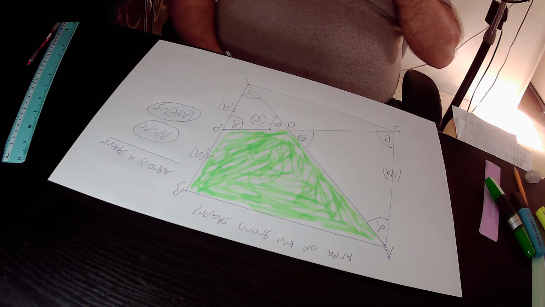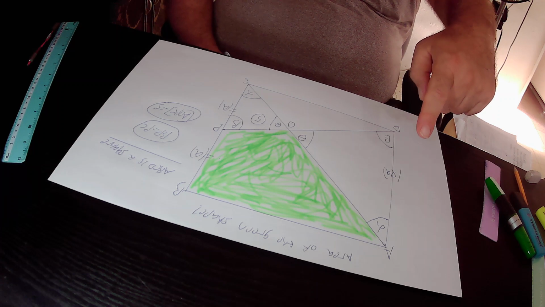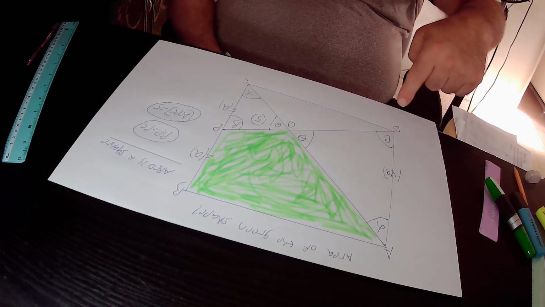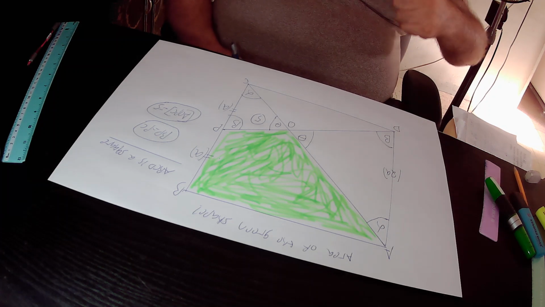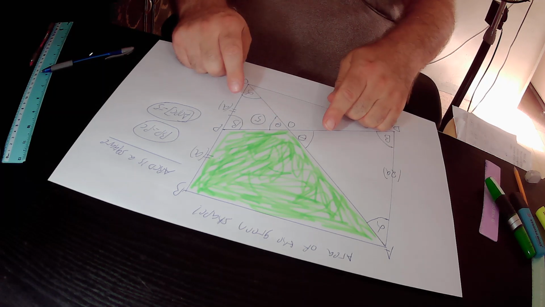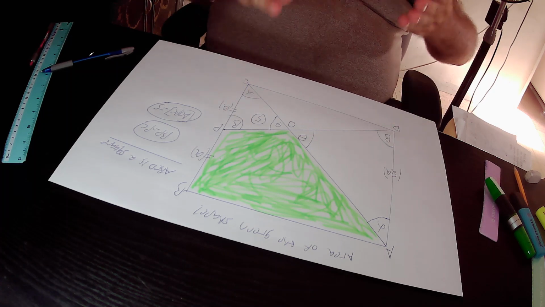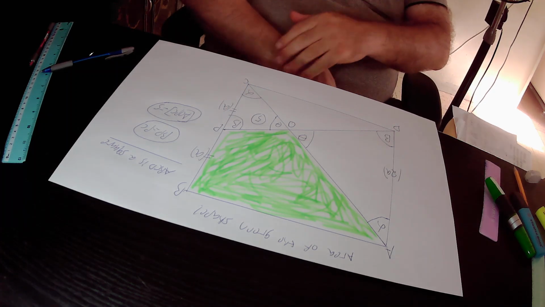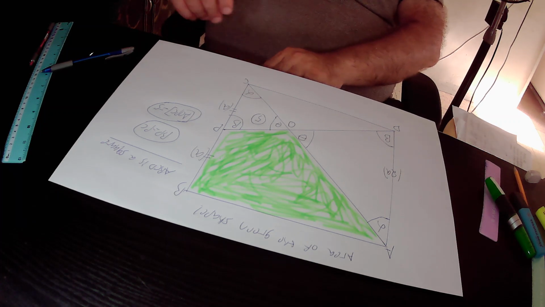So in total, we found out that all the angles inside the big triangle AOD are correspondingly equal to all the angles of this small triangle POC. We have theta in both triangles, alpha in both triangles, and beta in both triangles. Therefore, those two triangles are similar to each other according to the angle similarity rule. So I write it down.